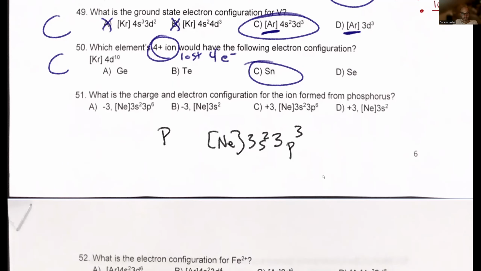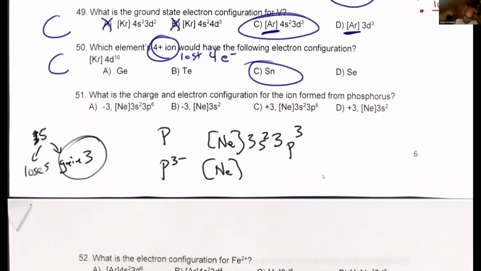We see that phosphorus is in group 15, which means 5 valence electrons. So you have a choice: do you want to lose 5 or do you want to gain 3? We're going to gain 3. That means that phosphorus is going to form a 3- charge, so it is going to gain 3 electrons.